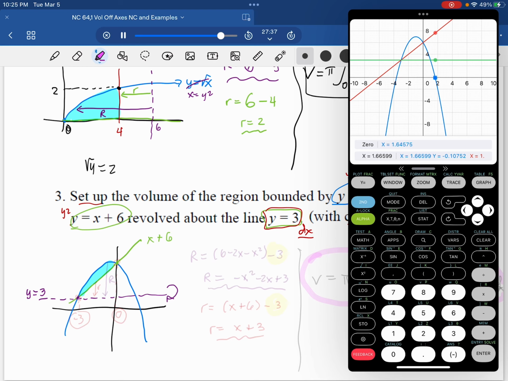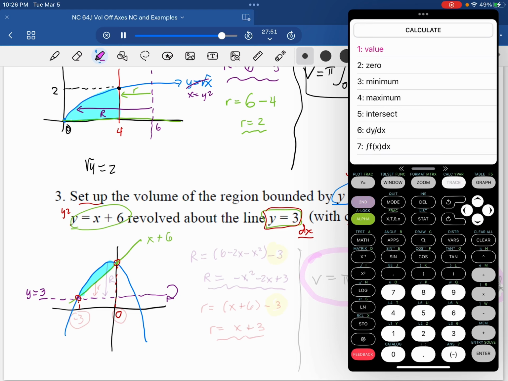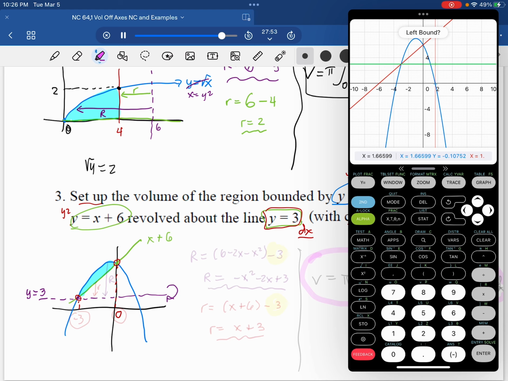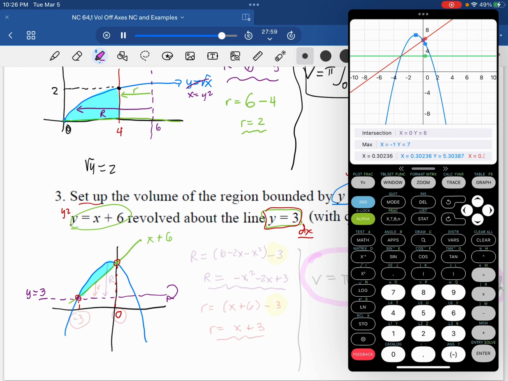We're going dx, so the only other thing we might want to make sure we have on the graph before we leave it is the x-coordinates of those intersection points. It looks like the right one I'm assuming is 0, but you could always double check by doing an intersect. If you do second trace 5, just make sure you're toggling between the linear one and the parabola using the up and down arrow.